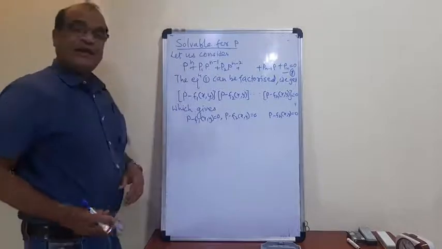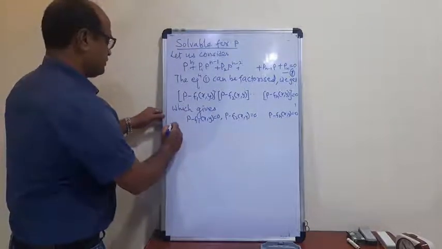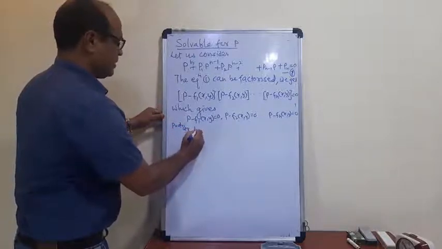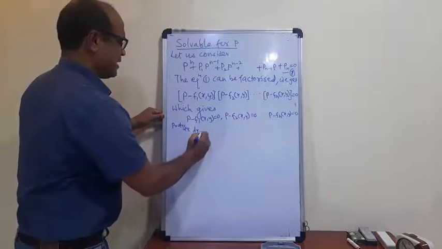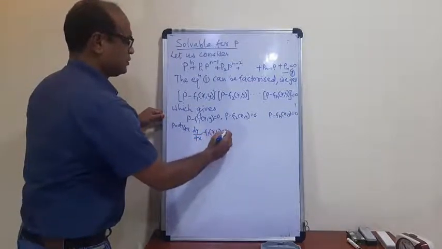So put here again p is equal to dy by dx. For solving, put p is equal to dy by dx. So dy by dx minus f1 xy is equal to 0.